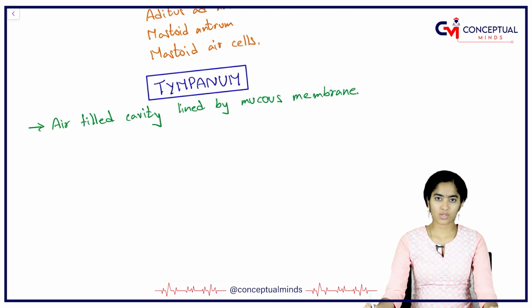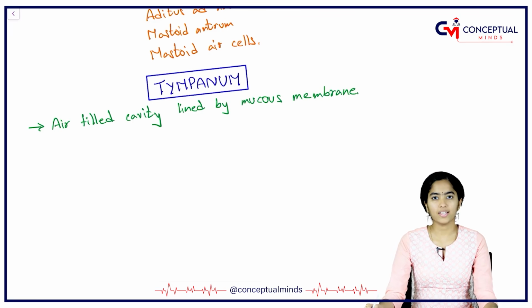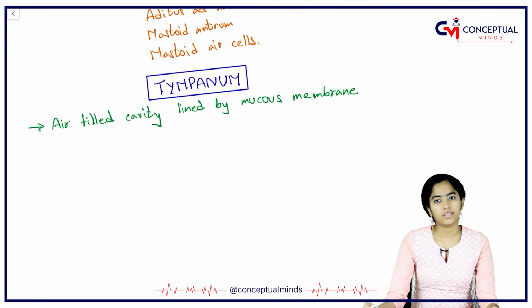It consists of three middle ear ossicles, three bones and two muscles and a few nerves that are passing in between. But basically it is an air-filled cavity that is lined by mucous membrane in the temporal bone. It is the second part of ear. The ear is divided into external ear, middle ear and inner ear.